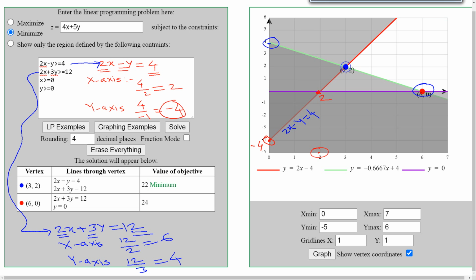Now we have 2 points, so we can join them and get the line. This line in green color represents the straight line 2x plus 3y is equal to 12.